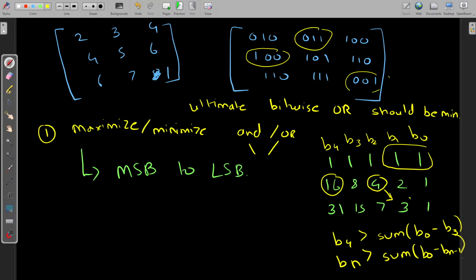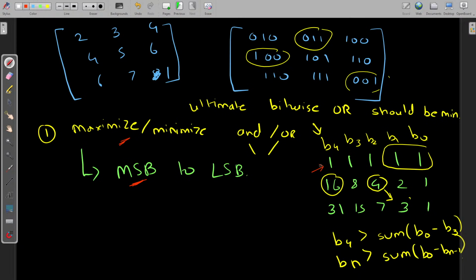So the maximum contribution to your number comes from the highest bit. That's why we always focus upon the MSB, the most significant bit of our number. If you want to maximize the final value, it is mandatory that you try to include the MSB in your answer.